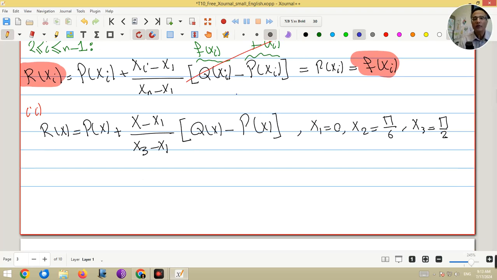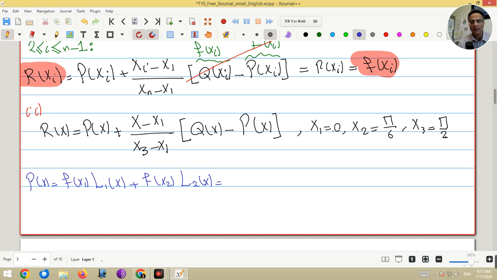Okay, so first we have to compute p of x. P of x can be computed by Lagrange interpolation. So this is f at x1 times L1(x) plus f at x2 times L2(x). In fact, for p we use x1 and x2, just these 2 points.